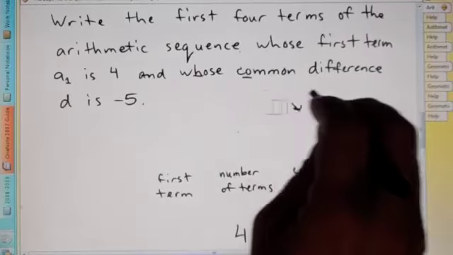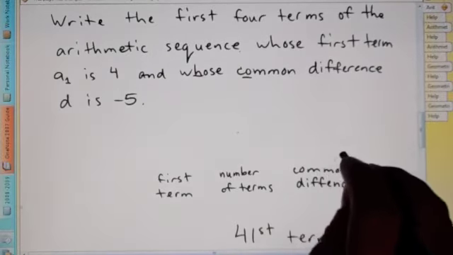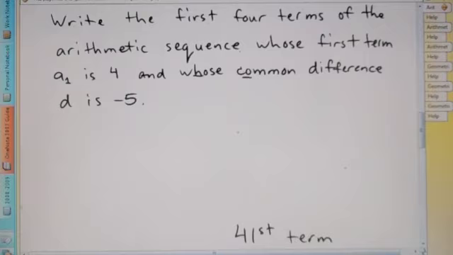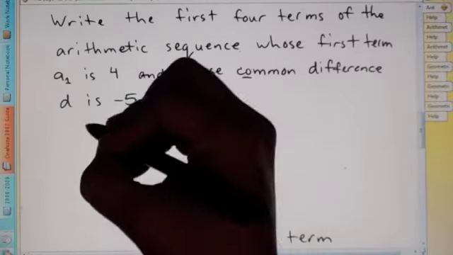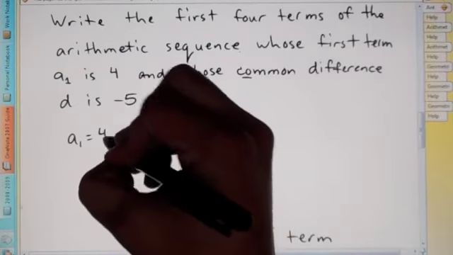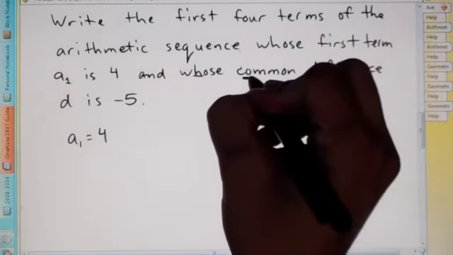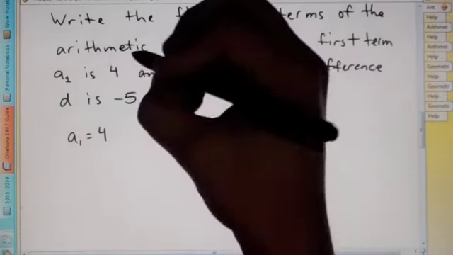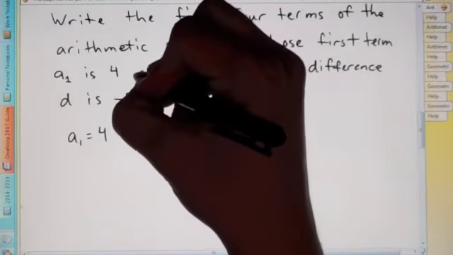Find the first 4 terms of the arithmetic sequence whose first term, a sub 1, is 4, and whose common difference, d, is negative 5. So our first term is 4, and our common difference is negative 5. Let me clean this up a little bit.